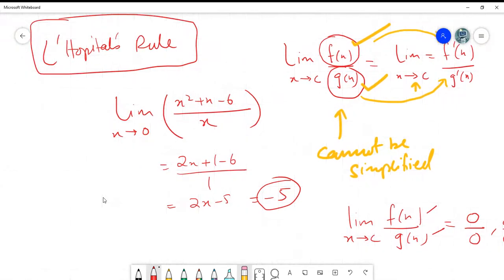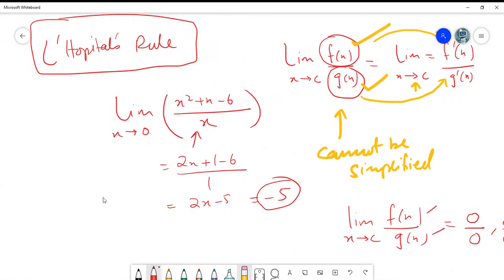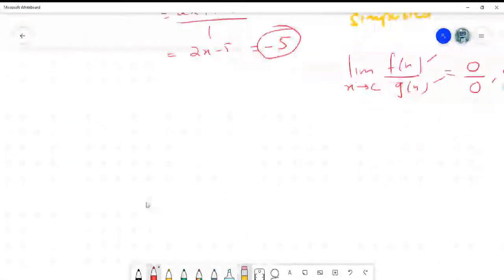So I repeat, L'Hopital's rule can be applied if in our original expression, and if I put the limit in my original expression, I end up with 0 over 0 or infinity over infinity.